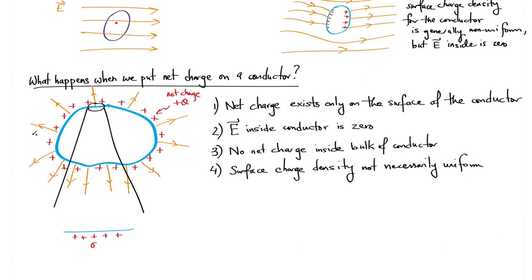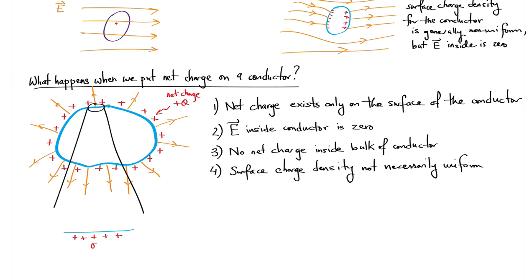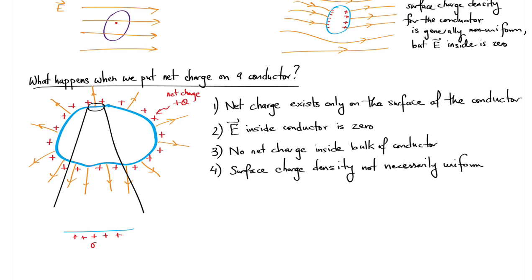And again, sigma can be different everywhere on the surface, okay? If I look just very close to the surface, this does not work if I try to get far away from the object. But if I look very, very close to the surface, even this small patch looks kind of like an infinite sheet, right?